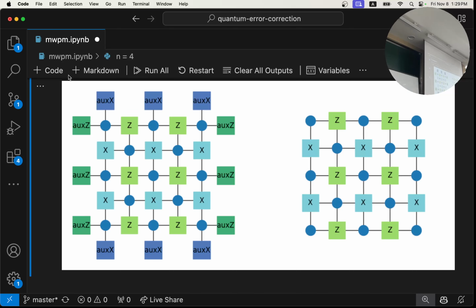So for example, when you do the Z stabilizer circuit between these two qubits, you do the same thing for any other pairs on the right side of the data qubits. So here, not this one. Then you do the Z stabilizer circuit for this pair and this pair and this pair.